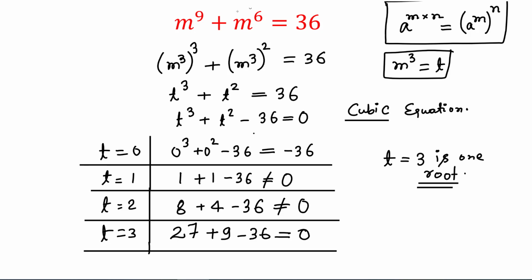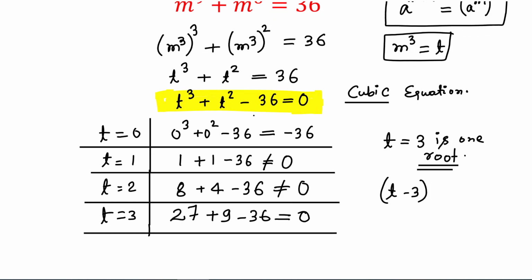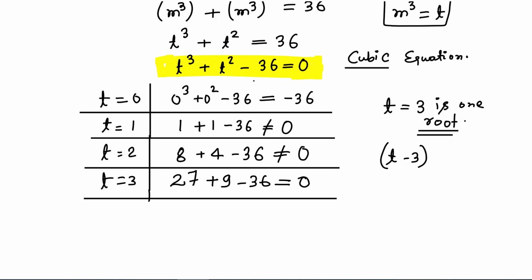So this means I can say t minus 3 is one of the factors of this expression. This can be said from the remainder theorem. So we can say t minus 3 is one factor of t cube plus t square minus 36.